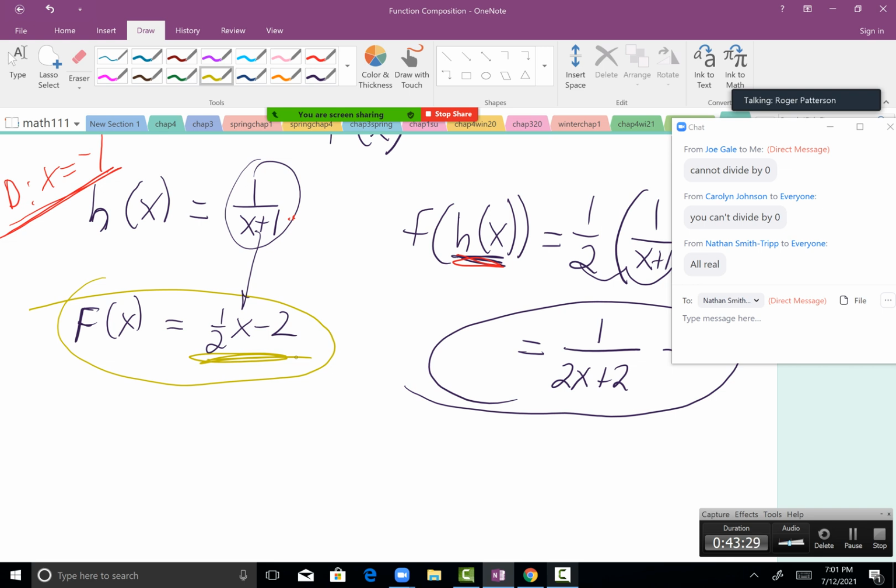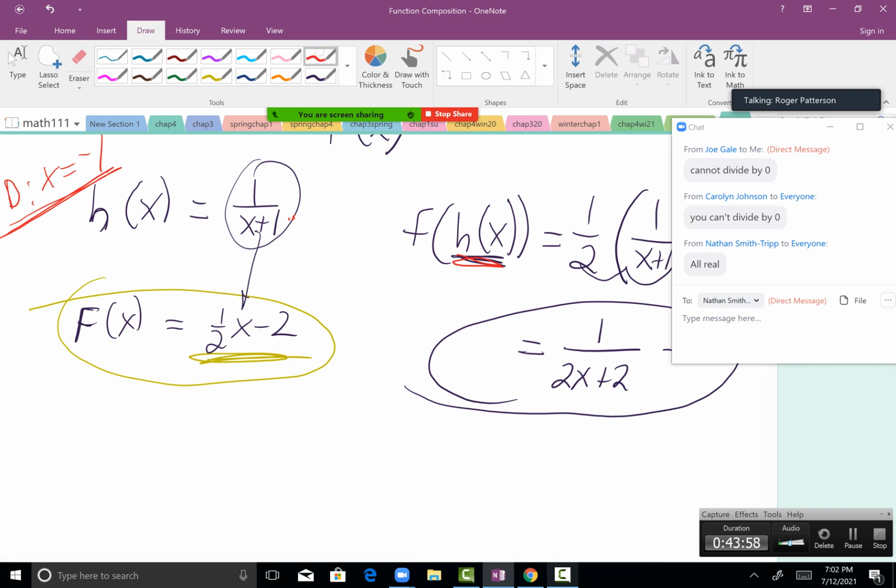That's going to be all real numbers. Okay? It's a line. All lines have all real numbers. So then we don't have any problems there because it's just all real numbers.